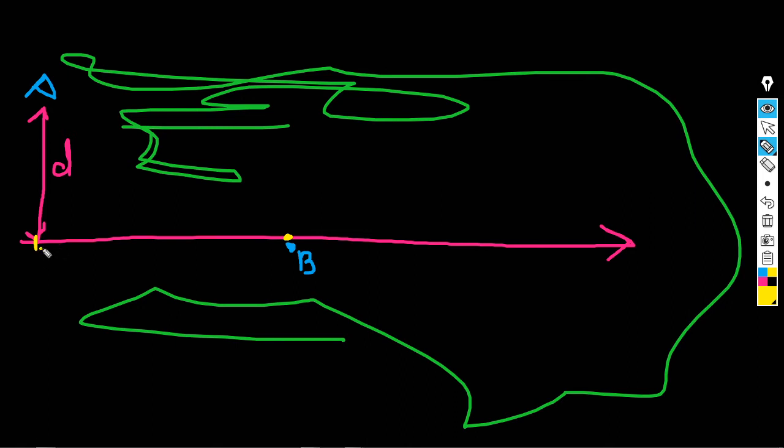Then the bullet traveled this distance, and we'll call that L. So the time it takes for the bullet to travel that is L over the speed of the bullet, V. And so the observer at B will hear the shock wave at approximately L over V.